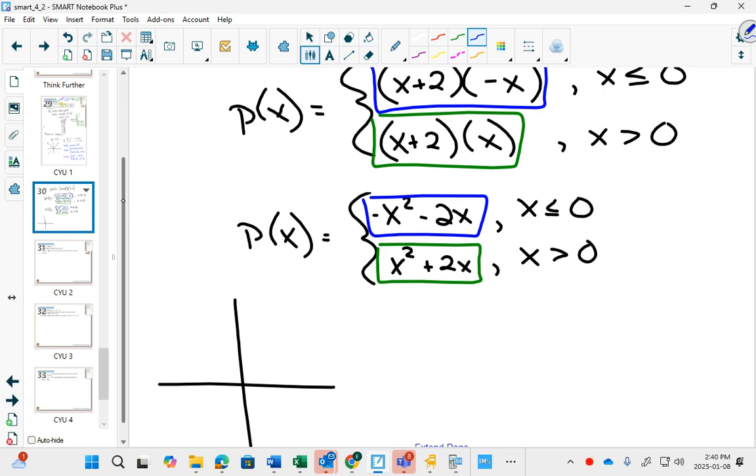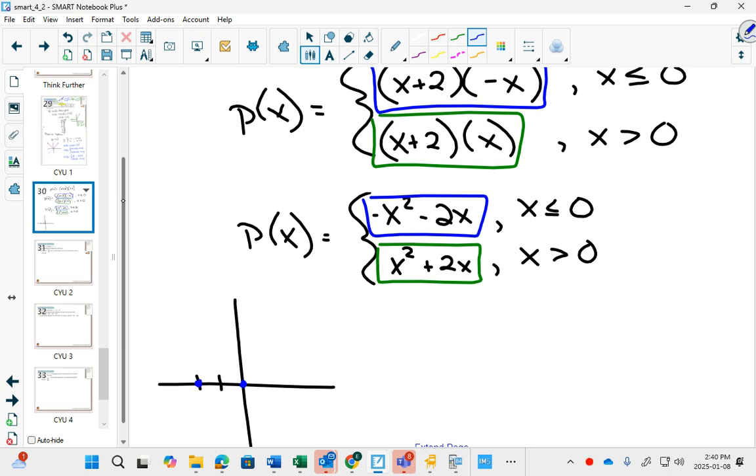So, for the blue one, this reviews a little bit of chapter 1. It also reviews a little bit of grade 11, graphing parabolas. If I was graphing the blue one, I would see that it's a parabola, and I'd see that it opens down. I would see that I have the factored form, so I would know that I have an x-intercept at 0 and at negative 2.